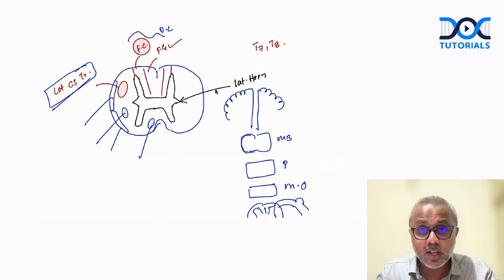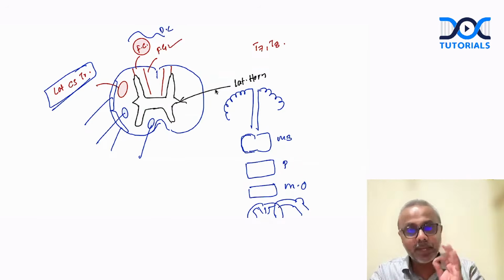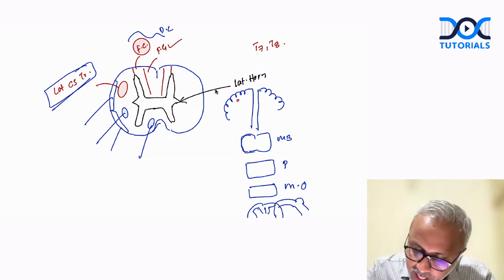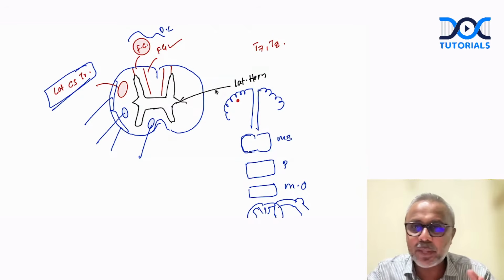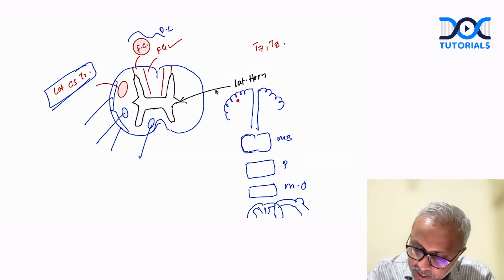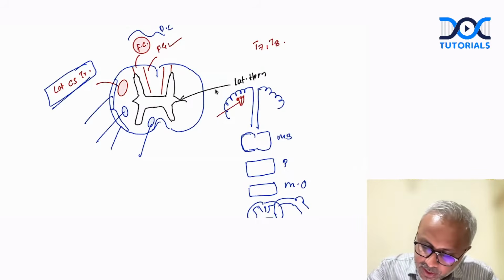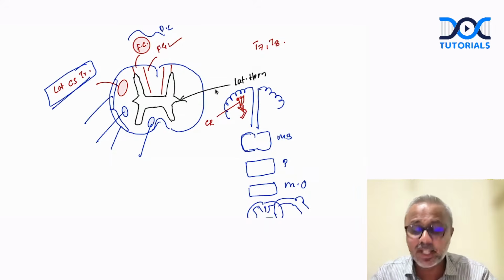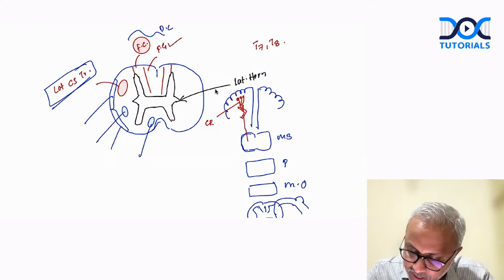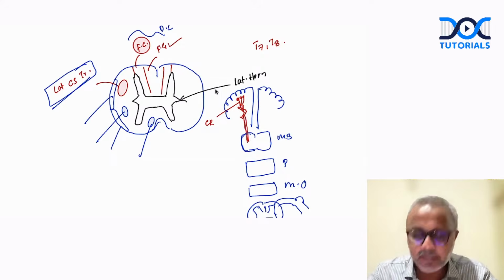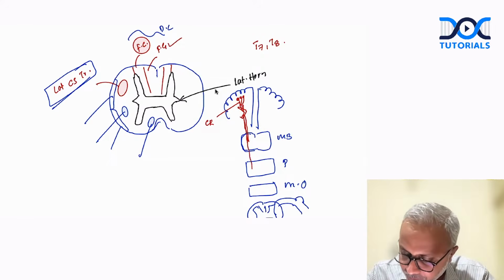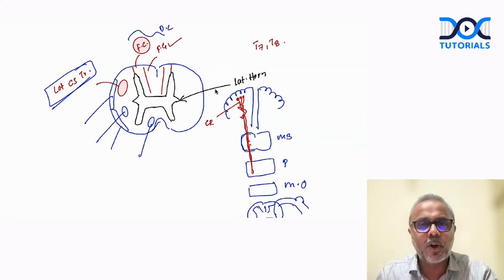Okay. Now, in case of a pyramidal tract or a motor tract, we have an upper motor neuron which begins from the primary motor area and descends first through the corona radiata, and then it passes through the internal capsule, right? So you can show like this, and through this it descends onto the midbrain. Then it further descends onto the pons.